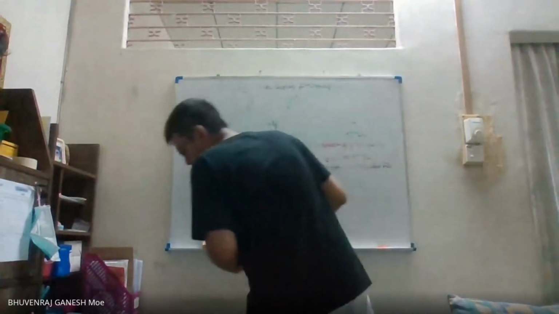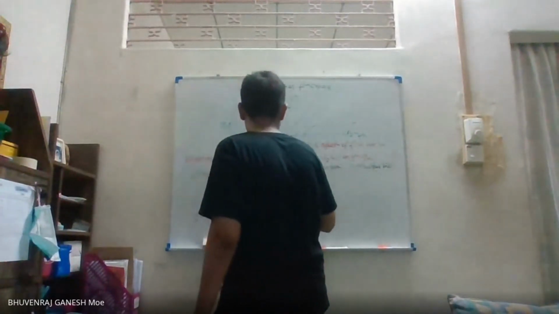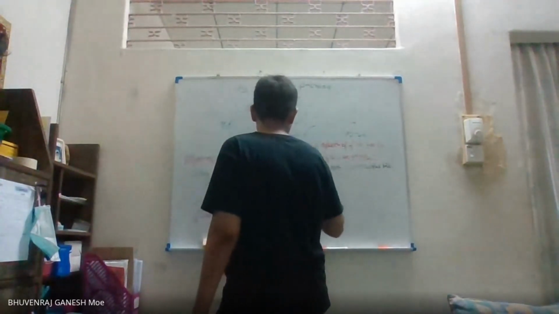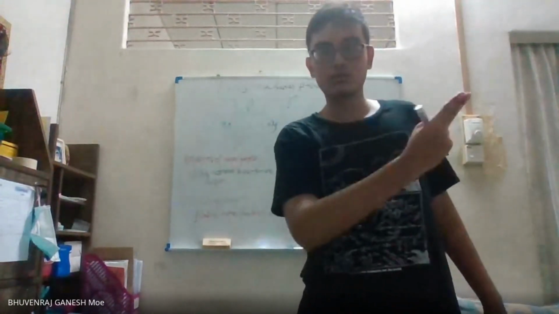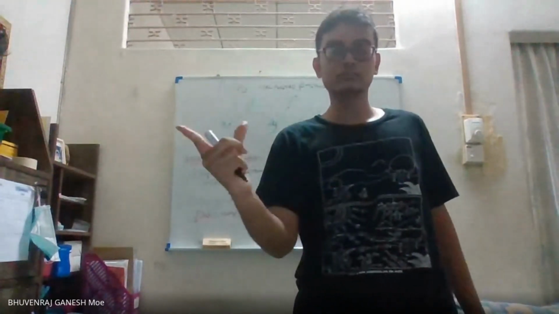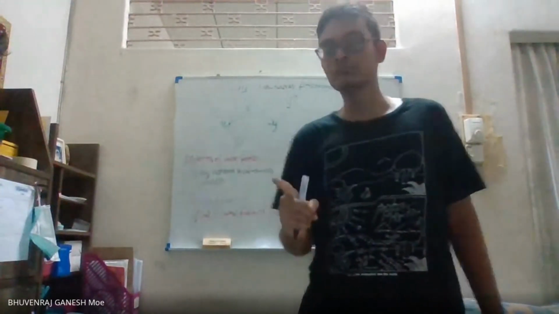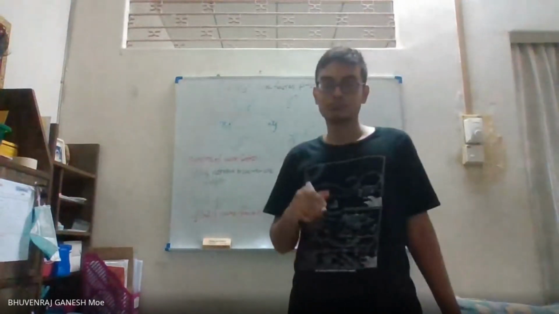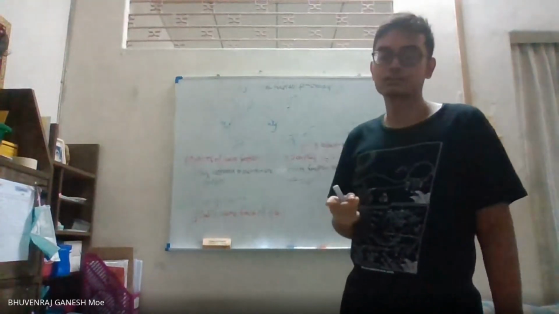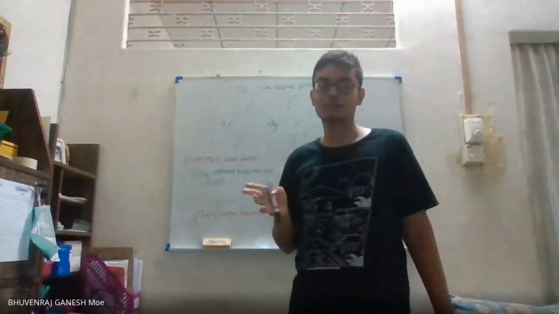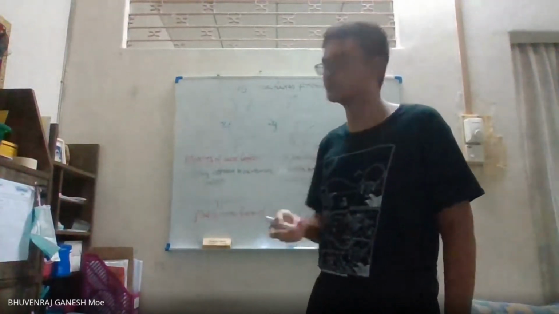If the curve intersects at one point, means it has an inverse function. If I draw a horizontal line and it intersects 2 points, it does not have an inverse function. Only one point, it has an inverse function. Same for the other one. If it intersects at one point, it is a function. Inverse function and function, same thing. Only thing, one is horizontal line, one is vertical line.